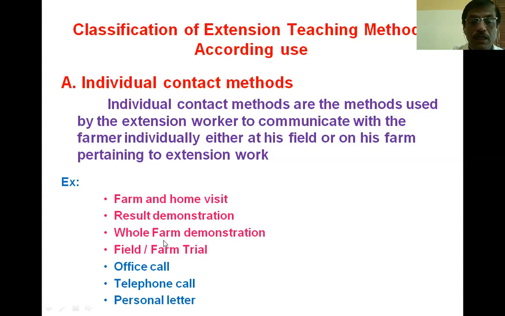Individual contact methods will be covered in detail in the future classes. What is farm and home visit? What is the procedure to be followed? What is result demonstration? What is the procedure to be followed? Similarly, whole farm demonstration, farm trial.